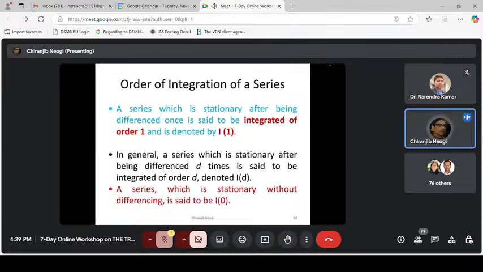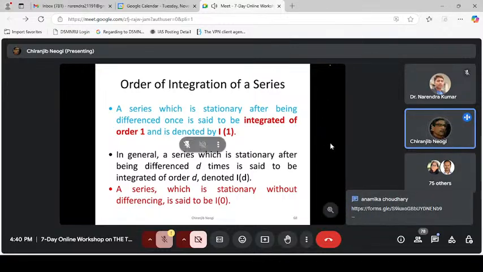Say d may be 2. That means after the second difference, the series becomes stationary. If the series becomes stationary after the second difference, then the value of d will be 2, so it is integrated of order 2.